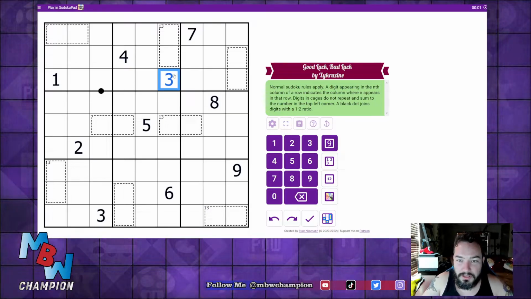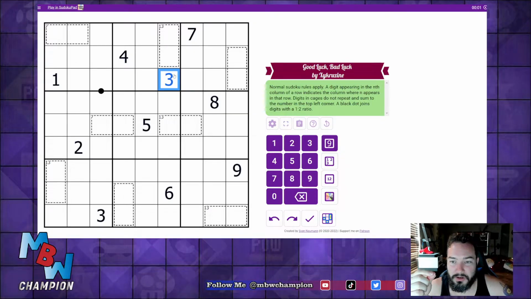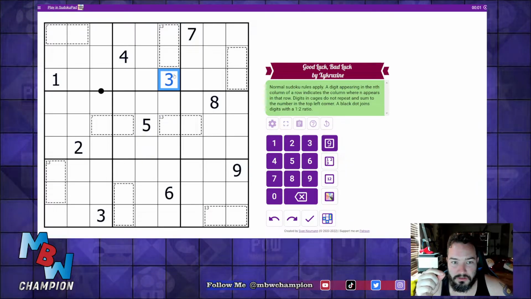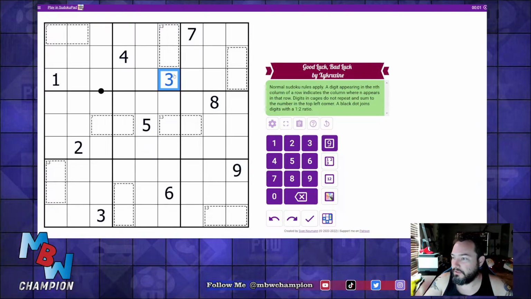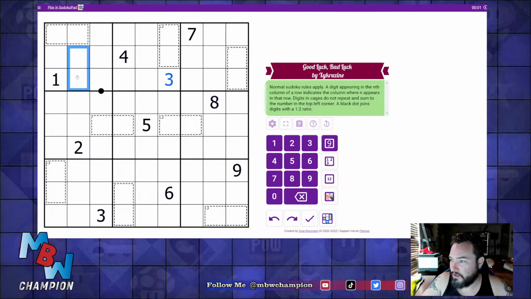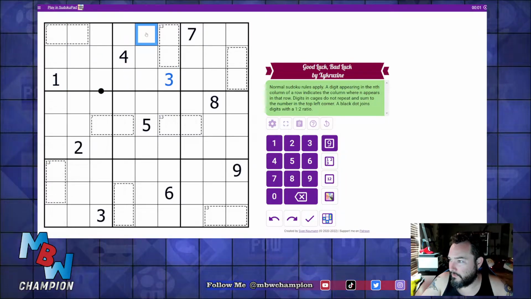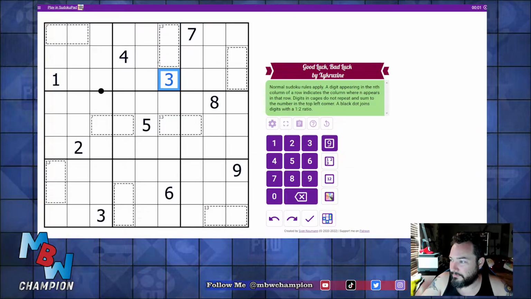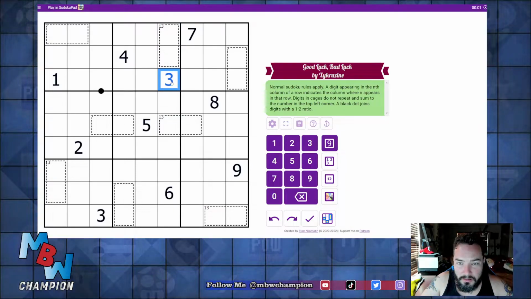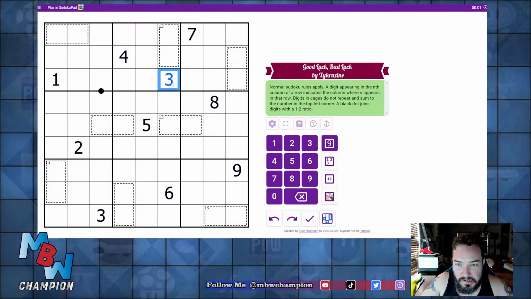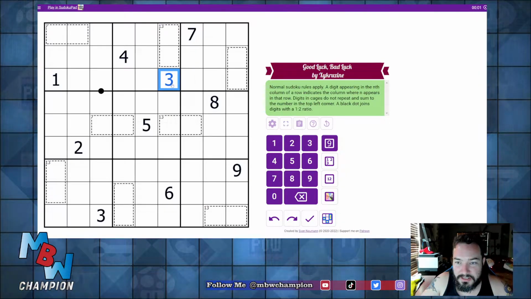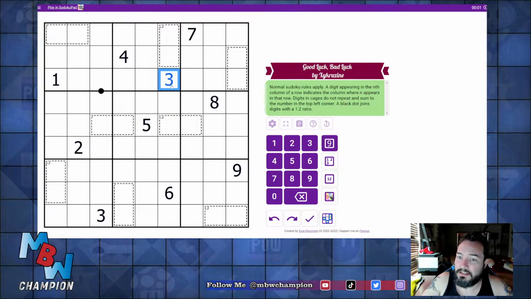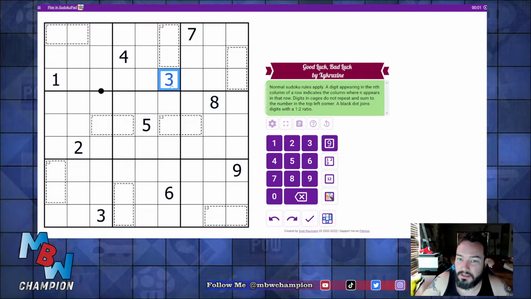If this is a 3, so a digit appearing in the nth column, that's the 6th column. Let me see, 1, 2, 3, 4, 5, 6. So this appears in the 6th column, right? Let's read it like this: a digit appearing in the 6th column of the row indicates the column where the n appears in that row.